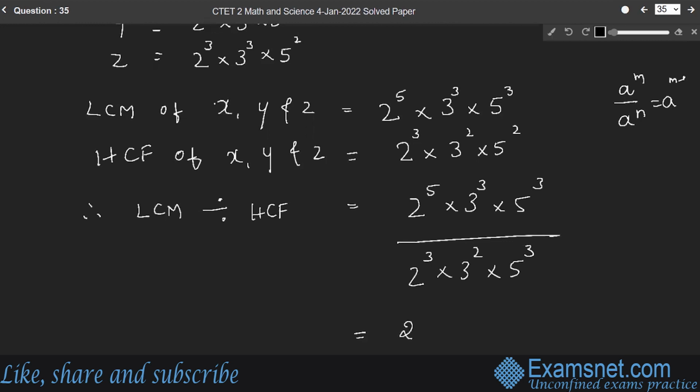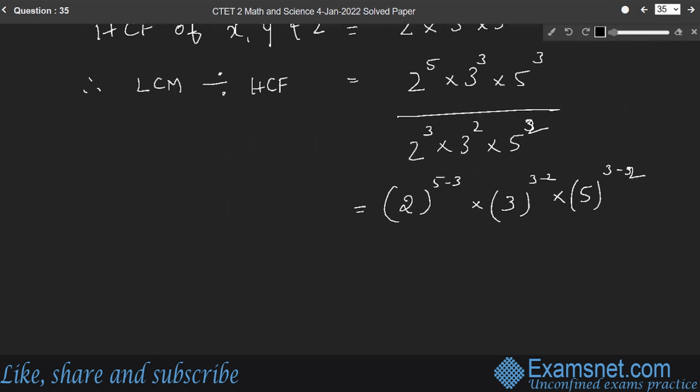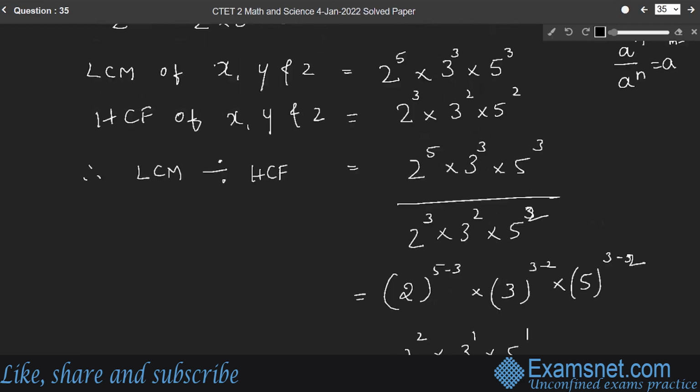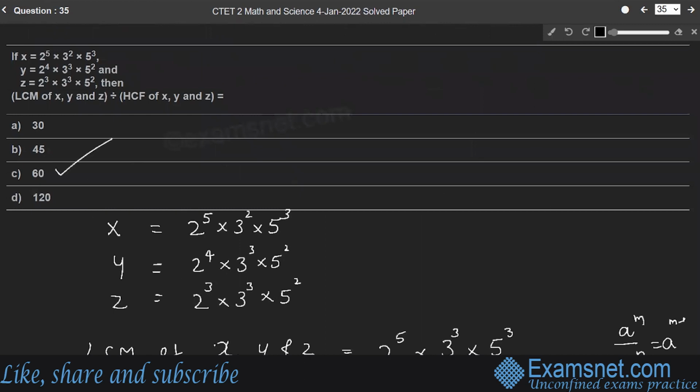So 2 raised to 5 minus 3 into 3 raised to 3 minus 2 into 5 raised to 3 minus 3, is equal to 2 to the power of 2 into 3 to the power of 1 into 5 to the power of 1, which is 4 into 3 into 5, which is 60. Hence, the answer is option C, 60.